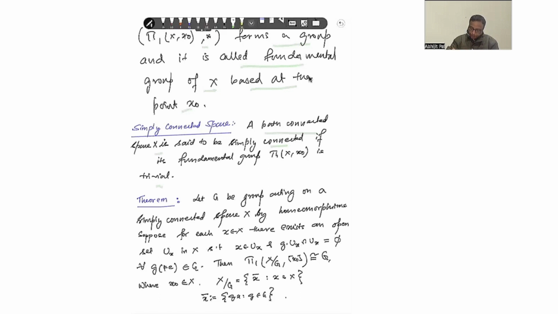So now let me come to this theorem. This theorem is about a group acting on a simply connected space. Let me give you the reference for this theorem: you can find it in Armstrong.